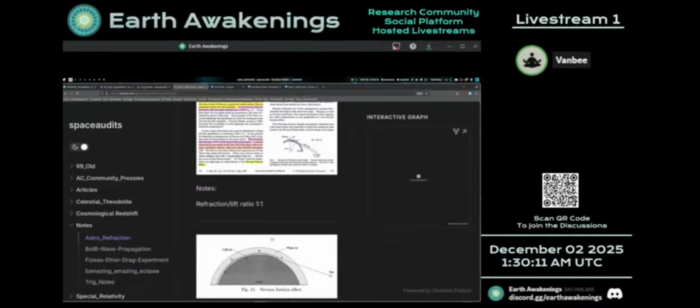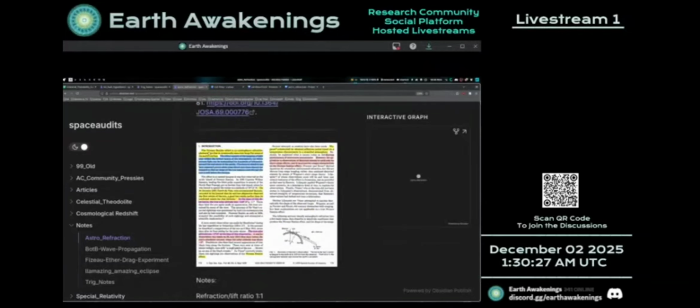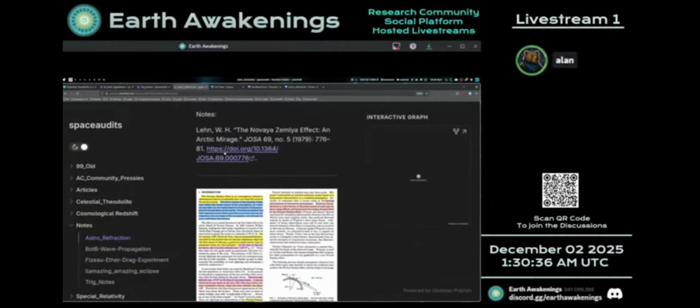There are no straight lines on a globe unless you're making a diagram to explain why the sun was seen 10 degrees above where it shouldn't have been. Did that have a name? Novaya Zemlya. All right, I'm going to write that down. Yep, here's the link to the paper.